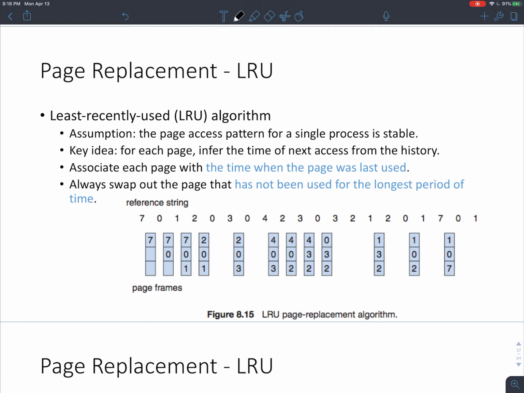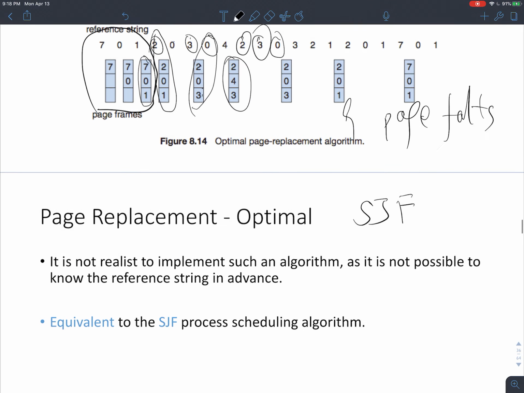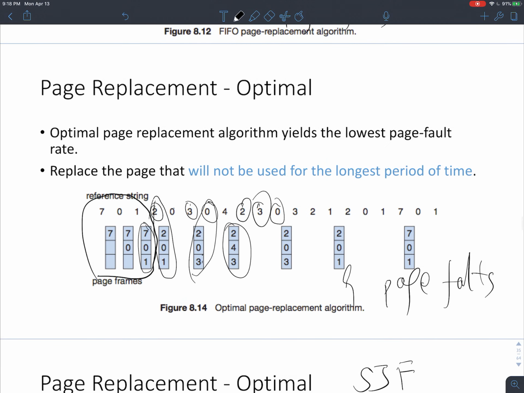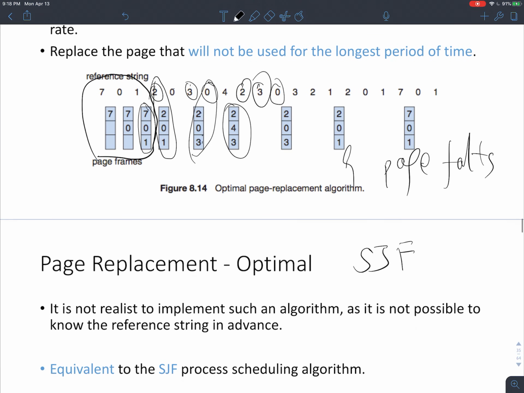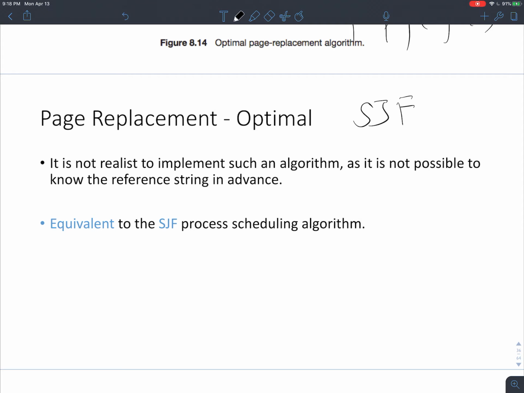So the least recently used algorithm follows. Before that, from the optimal algorithm, you can get a feeling that if we always swap out the page that is not going to be referred to for the longest time in the future, we can get pretty good performance, which means that we can get a very small page fault number.